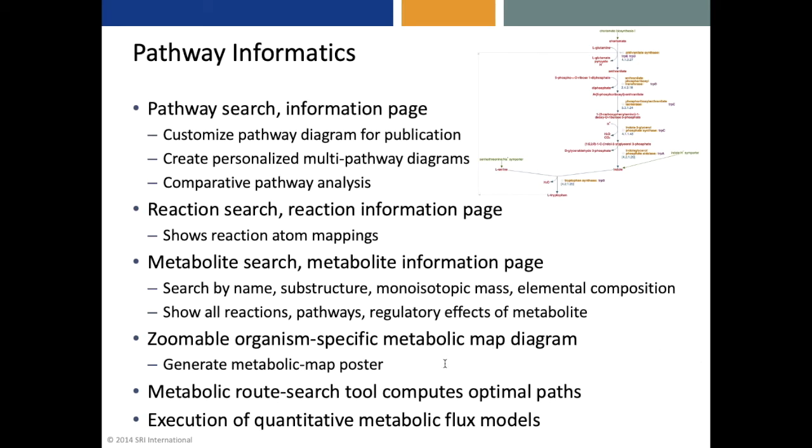There's a zoomable organism-specific metabolic map diagram and a metabolic route search tool that computes optimal paths within the metabolic network from a starting compound to an ending compound. And we also have quantitative metabolic flux models available for a handful of the genomes in BioCyc.